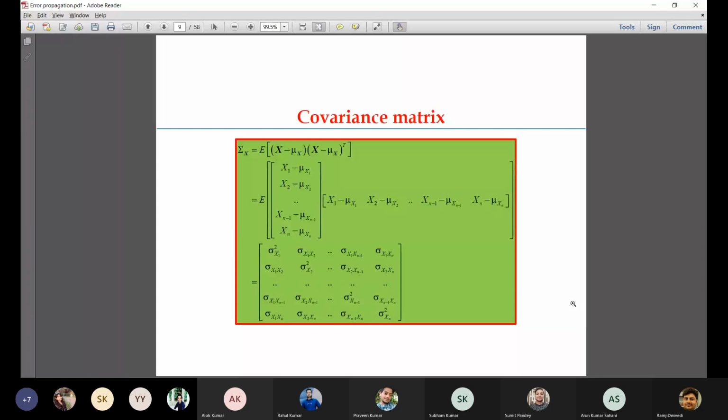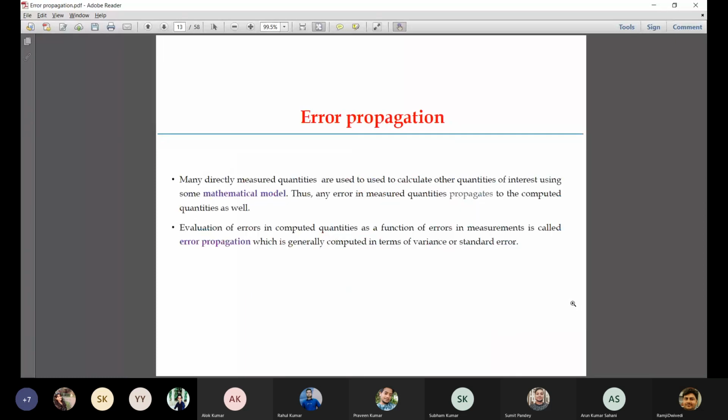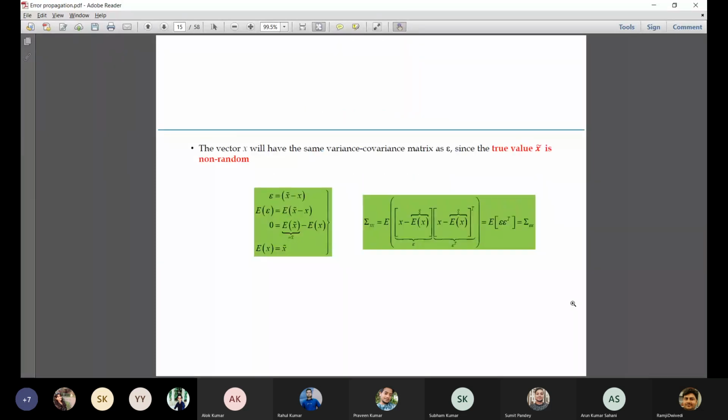Now go back to this slide which we were discussing. What is on the right hand side? It is again representing the error values in the form of a variance covariance matrix. This is what we were talking about. Anything which is not the mean has error. How do we represent it? X minus mu x or x minus x bar, whatever you call it.